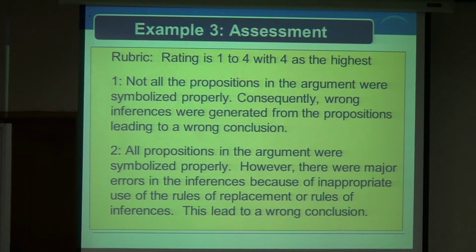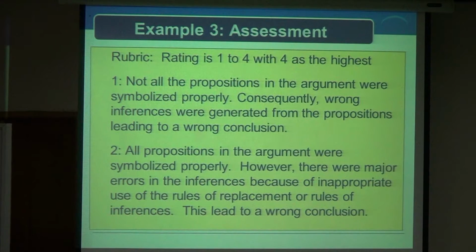And as an example of a rubric, okay, so if we rate from 1 to 4: 1, if not all the propositions in the argument were symbolized properly, consequently wrong inferences were generated from the propositions leading to a wrong conclusion.